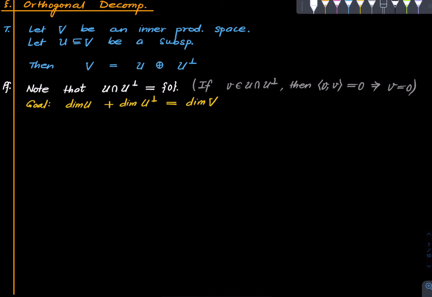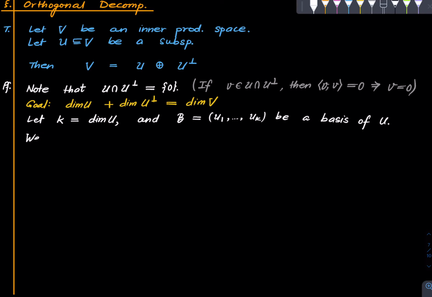Okay, so let k be the dimension of U, and fix a basis u1 through uk. Now we have, by our observations earlier, U perp is the intersection of the perps of the u_i's.